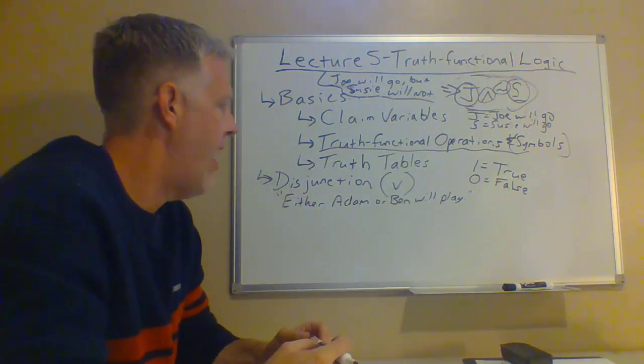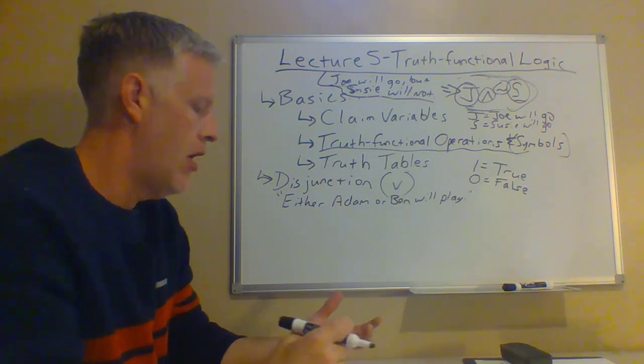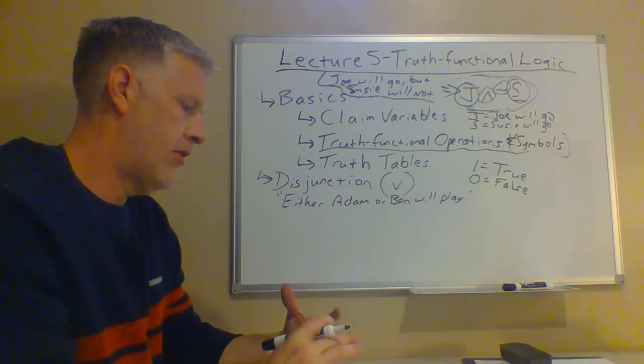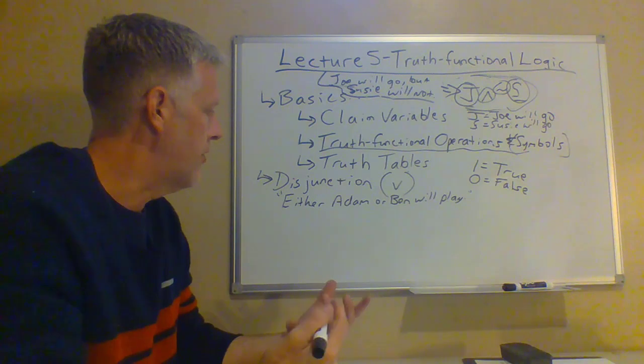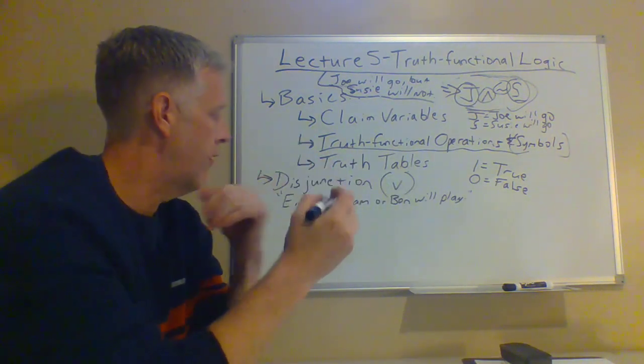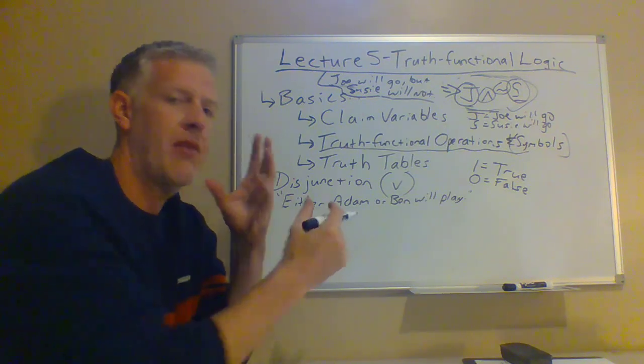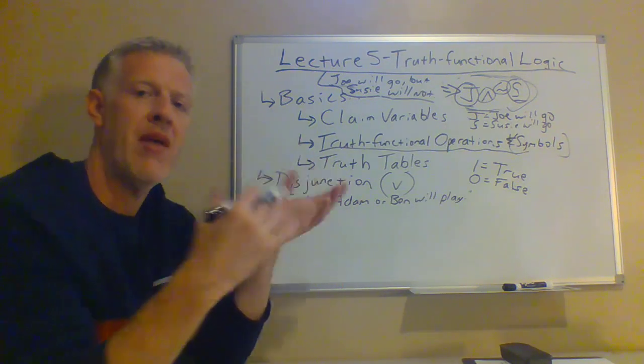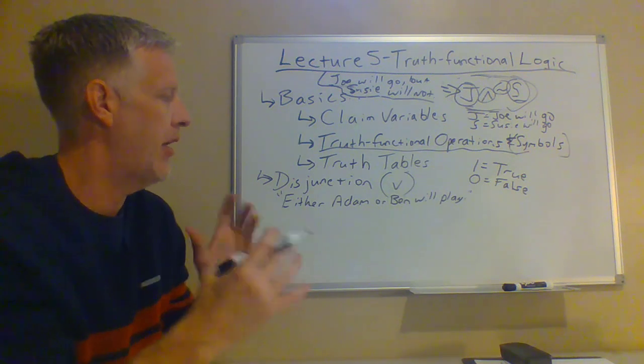Okay, again, we have a compound claim. This person is saying two different things that might be true or false, right? We need to know something about whether Adam ends up playing or whether Ben ends up playing. So again, this is a compound claim.